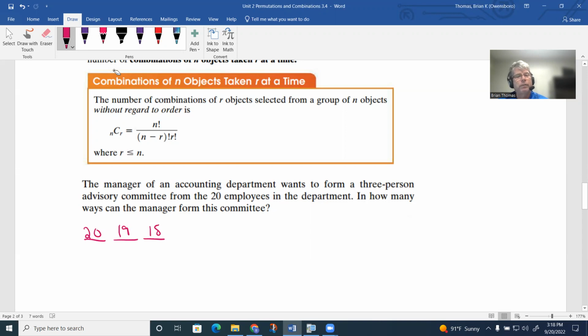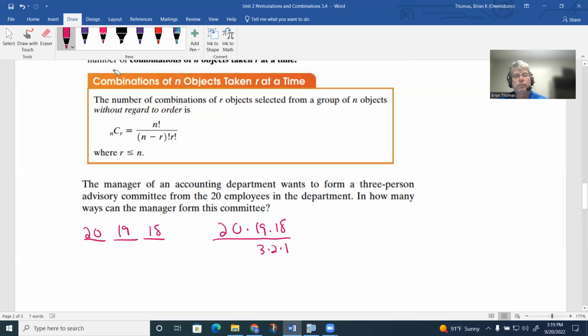That's just 3 times 2 times 1. So what you have is 20 times 19 times 18, and since you only have 3 slots, you have 3 choices here, 2 choices here, and 1 choice there. So I have to divide out that 3, that 2, and that 1.